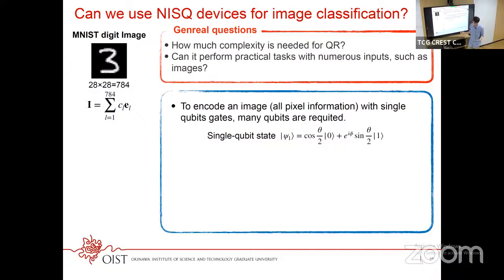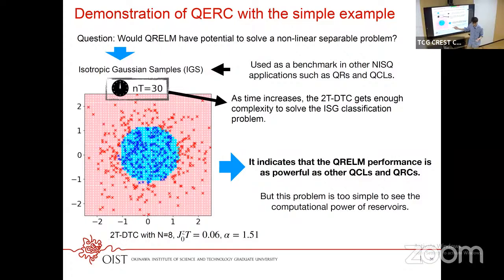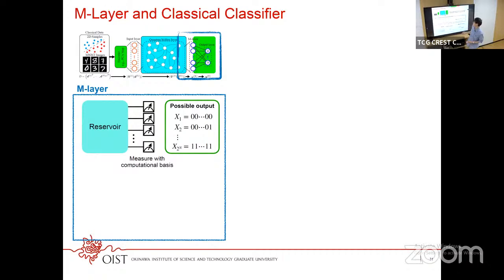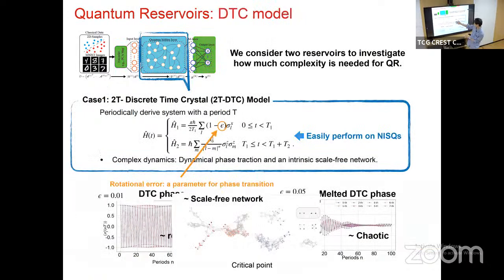The periodic drive that you spoke about, that allows you to classify the data that you have. Used to classify, what do you mean? The periodic drive that you spoke about. Yeah, this is the dynamics. We use the TTC model. It's a time periodic system. We put this Hamiltonian in the quantum reservoir and we wait 30 periods.